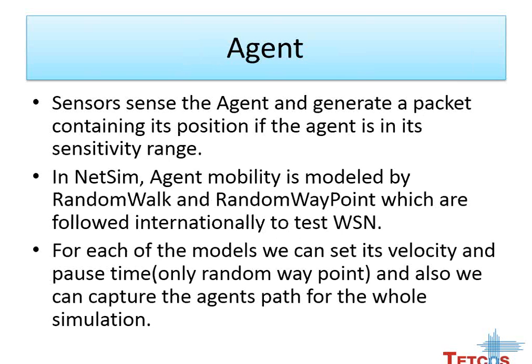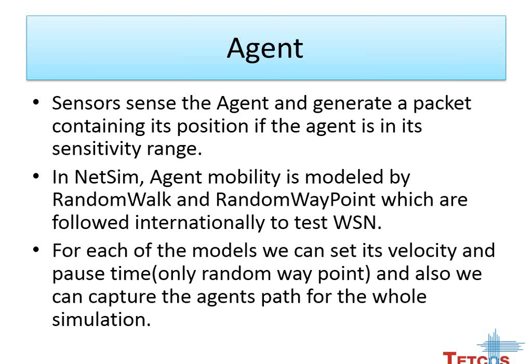Other than the sink node, another device which is there is the agent, or rather the object. So what happens is, let's say fire sensors, they are used for sensing fire. Similarly, a sensor will sense the agent or the object and it will generate a packet which will contain the position of the agent.